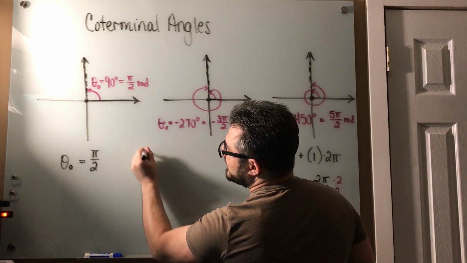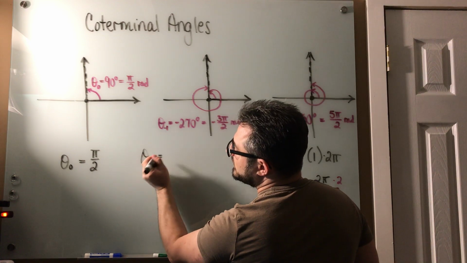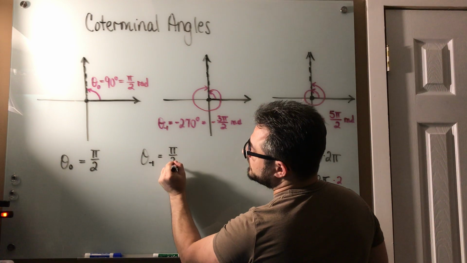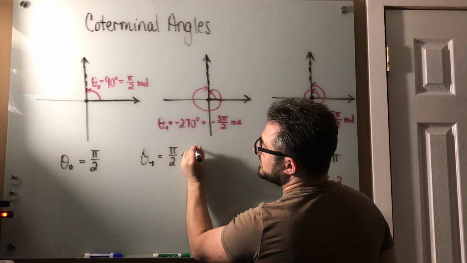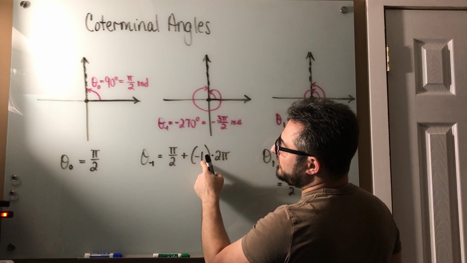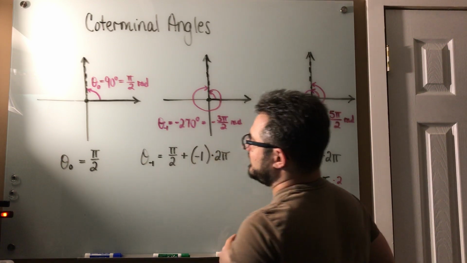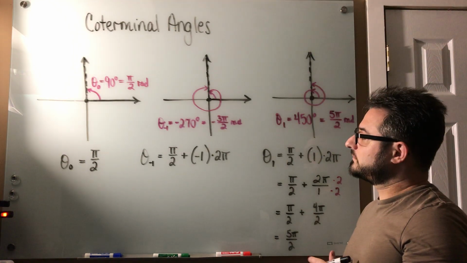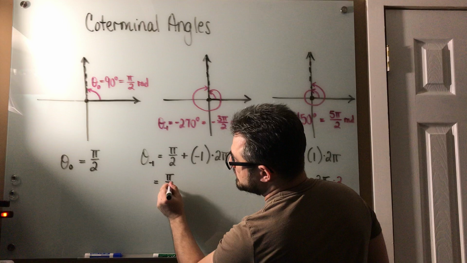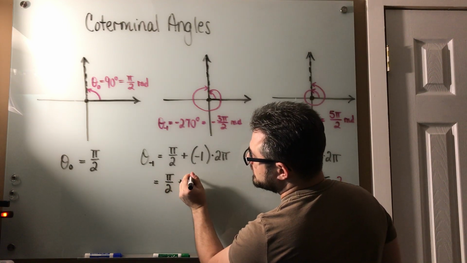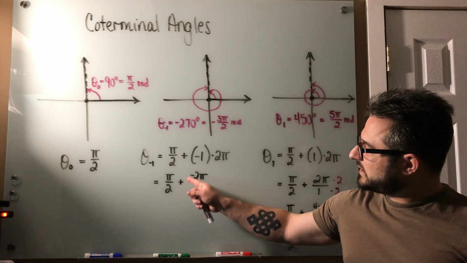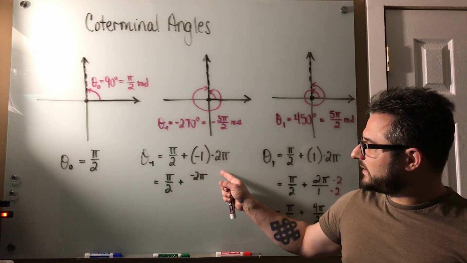So I'm now going to subscript this with -1, since we now have this concept of numbers of full rotations to go off of. And we're going to say that theta sub -1 is equal to the original pi over 2 plus -1 times 2 pi. One full rotation in the negative direction. I'm going to leave that as addition and keep the negative attached to the 2 pi here.